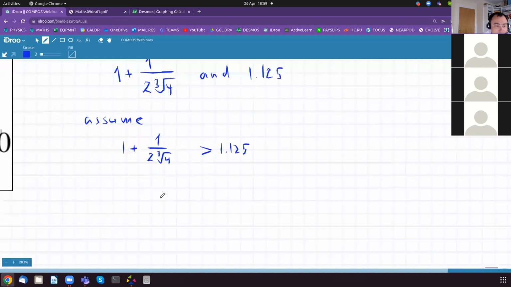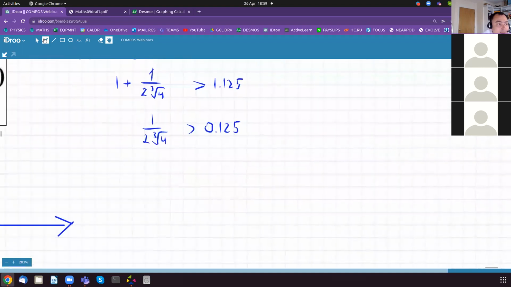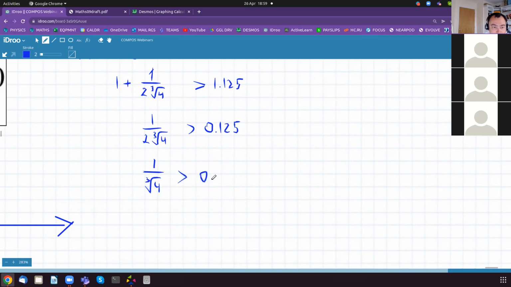That means that 1 over 2 cube root of 4 is greater than 0.125. Multiply everything by 2. 1 over cube root of 4 is greater than 0.25.